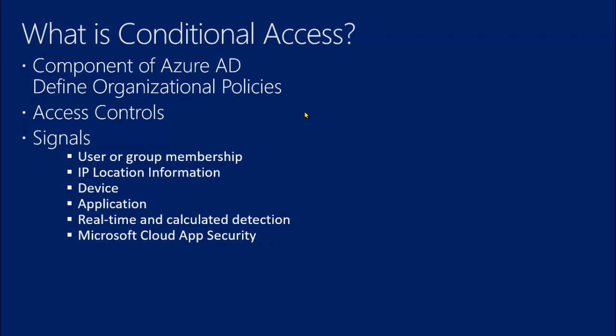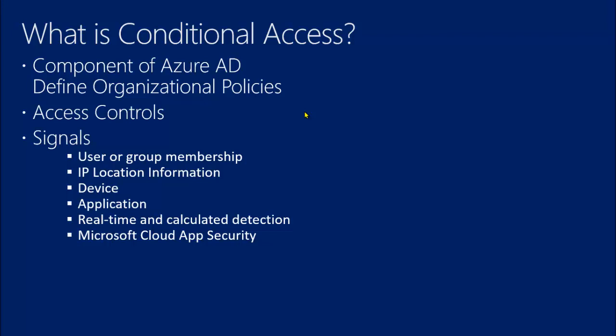In terms of defining the organizational policies, one of the things to always keep in mind in this world that we live in today, with cloud services and remote workers, is that we used to think about the security boundary for our organization as being within our organizational network, and that is no longer the case.